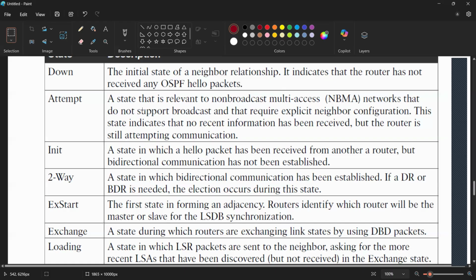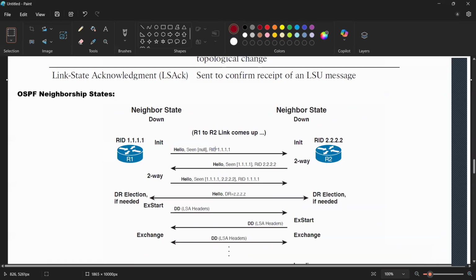Router ID. First only in the hello message itself. In the hello message, only router ID information will be there. If you take a look at our example, right? This example, see, they are including the router ID in the hello message itself. Okay.